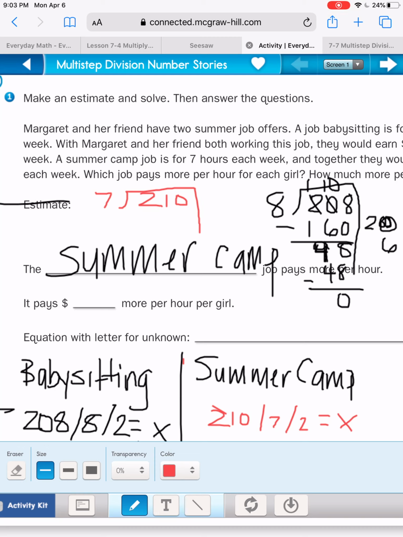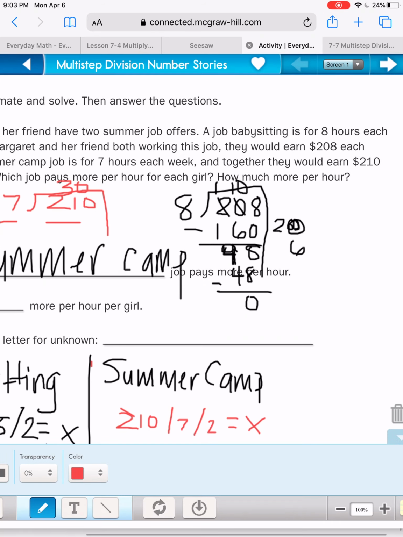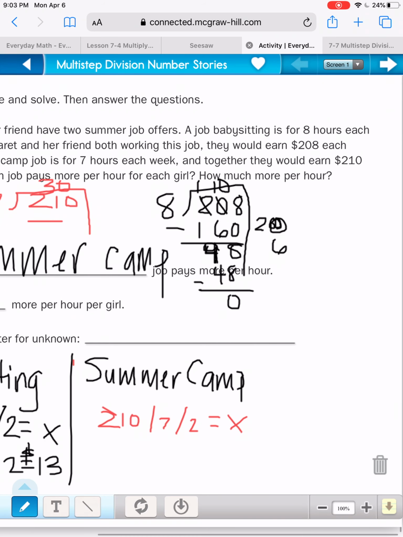I actually think I could do this mentally because I see a basic fact here. 21 divided by 7 is 3. So if I add a 0, that would be 30. Then I would have to divide 30 by 2, which equals 15.